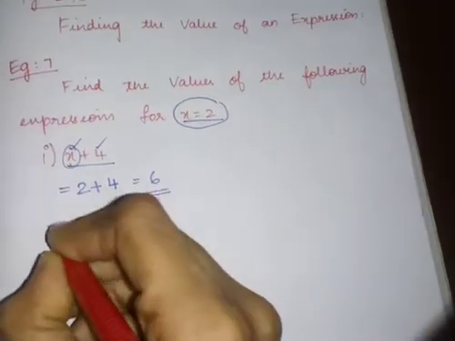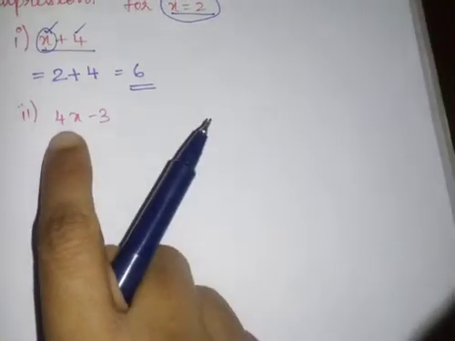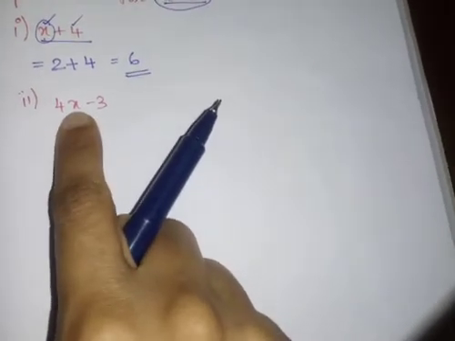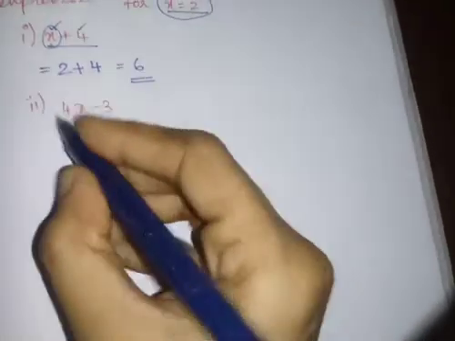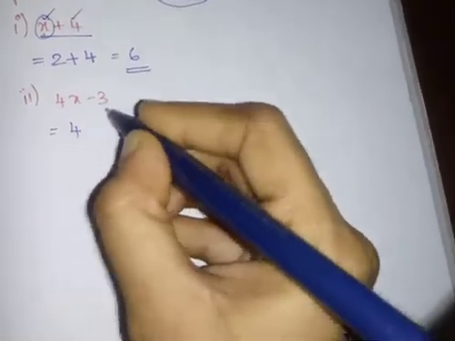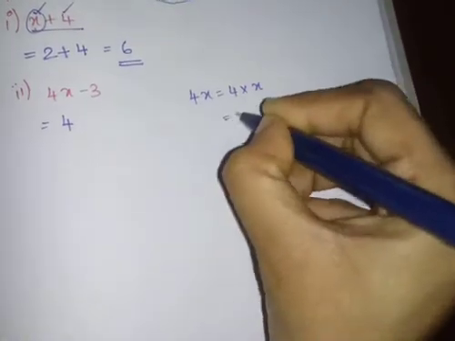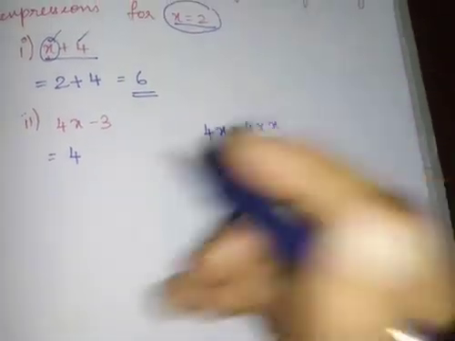Second problem, 4x minus 3. Now we are going to find the value of the expression 4x minus 3. Here x is the only variable. 4x is nothing but 4 into x, or you can write it like this, anything you can write.